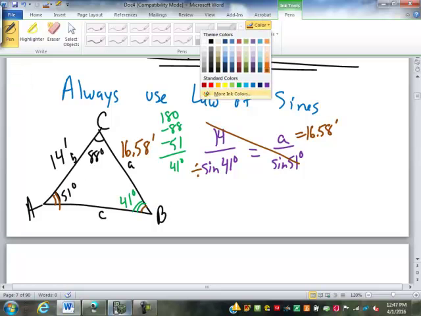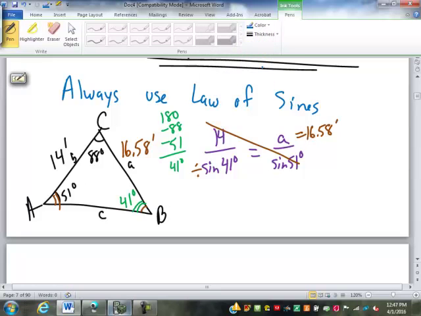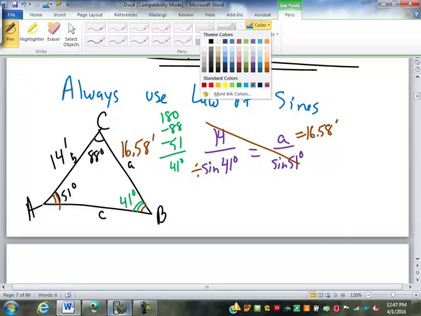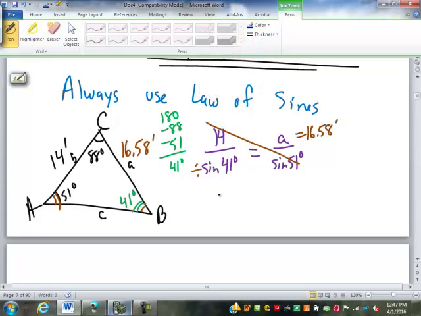So anyway, to find C, I'm going to use the same type of setup, the exact same setup. 14 over the sine of 41 degrees equals C over sine of 88 degrees.